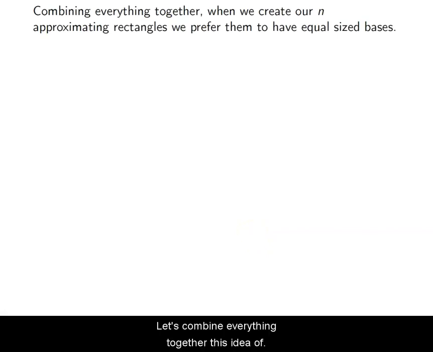This idea of having a Riemann sum, my Riemann sum really being a bunch of rectangles, okay? My rectangles are going to be evaluated either on the right-hand side of the rectangle or on the left-hand side of the rectangle, whichever one.